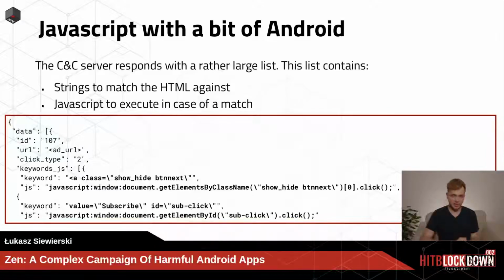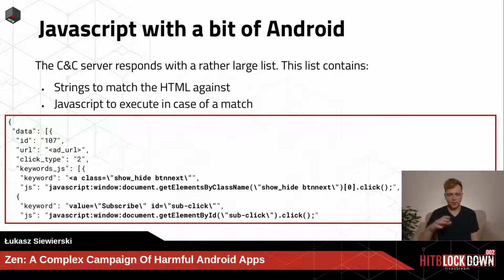So you can see in the screenshot here the keyword, and the keyword is something that will be matched against the HTML. And then you can see the JS key, and JS is the JavaScript snippet that will be executed whenever a keyword is found on the HTML website.